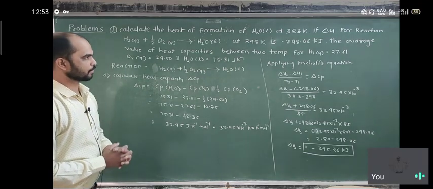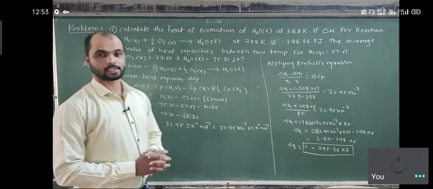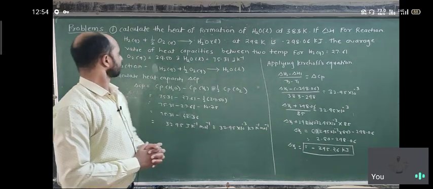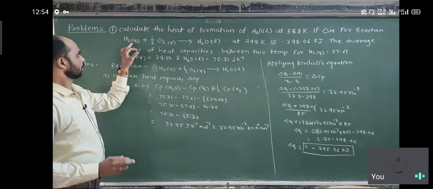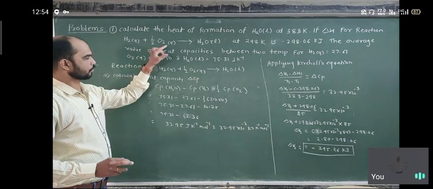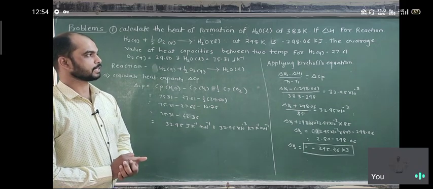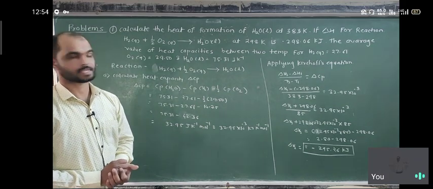Calculate the heat of formation of H2O at 383 Kelvin if delta H for the reaction H2 plus 1/2 O2 gives H2O at 298 Kelvin is minus 298.06.